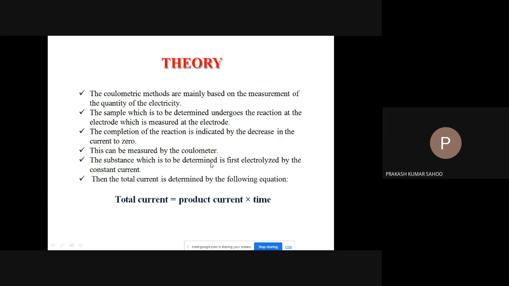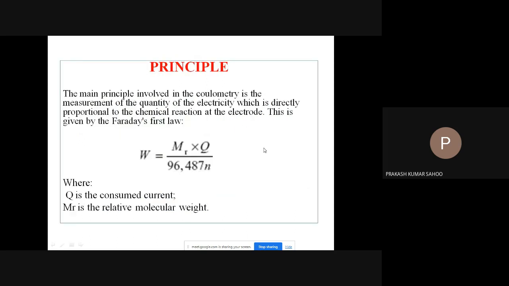The substance which is to be determined is first electrolyzed by a constant current. Then the total charge is determined by the equation: total charge is the product of current and time. So these are some specifications as well as some equations related to our coulometer.